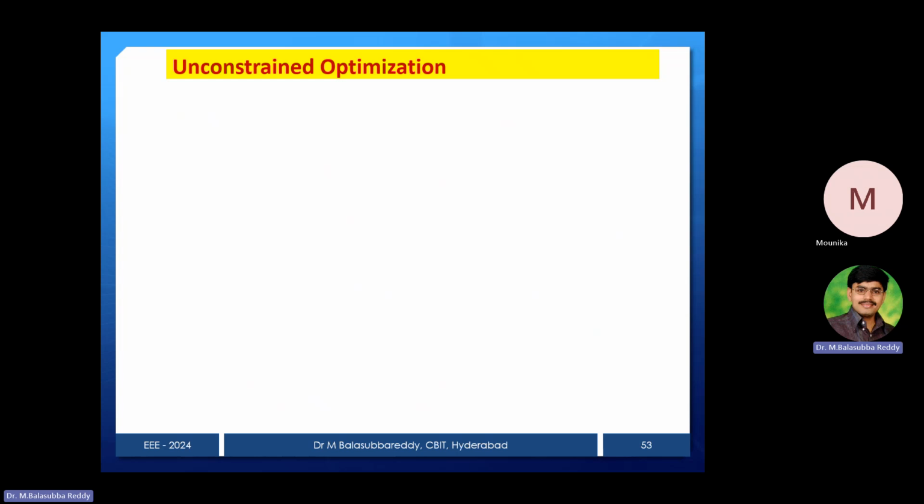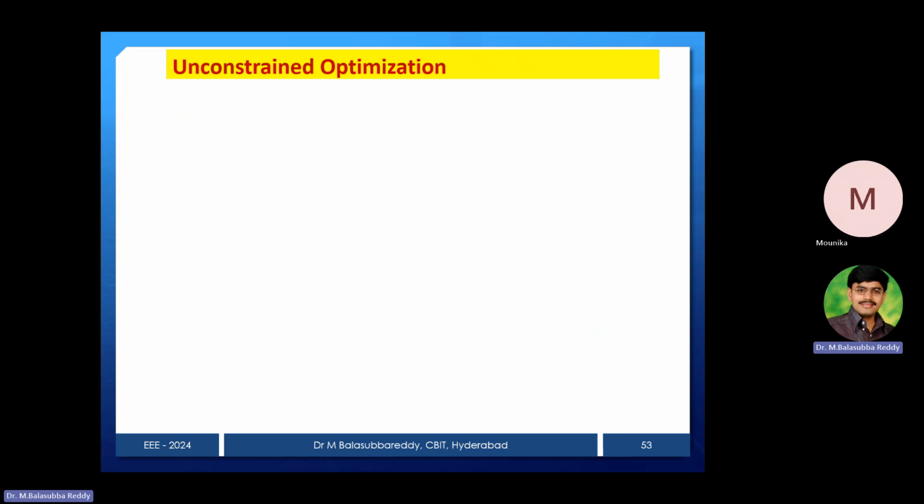Now, in today's class, we will see unconstrained optimization and constrained optimization. The meaning of unconstrained optimization: if any objective function is there, we can incorporate some constraints.